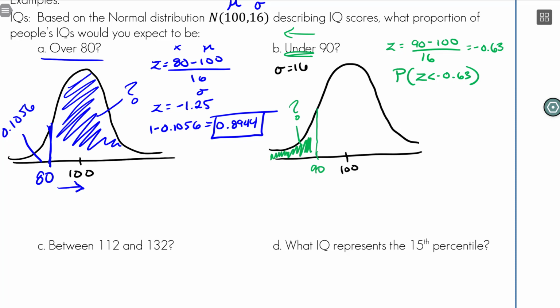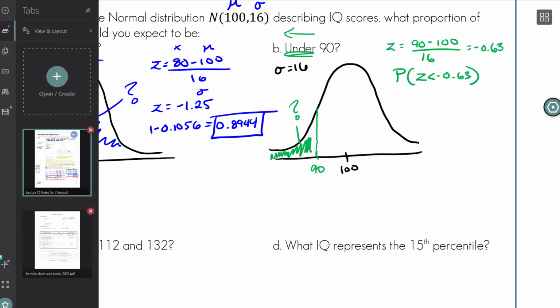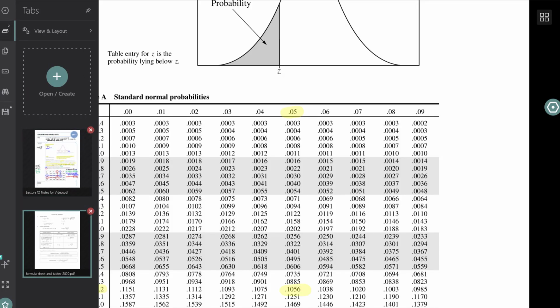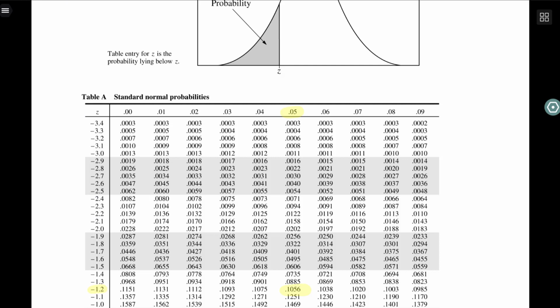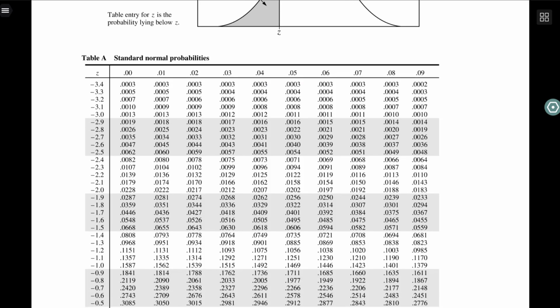Okay, so we go back to our z-table. On our z-table, we'll erase the highlights we made, and we look for negative 0.6. 3 is our second digit. The intersection between those two rows and columns is 0.2643.